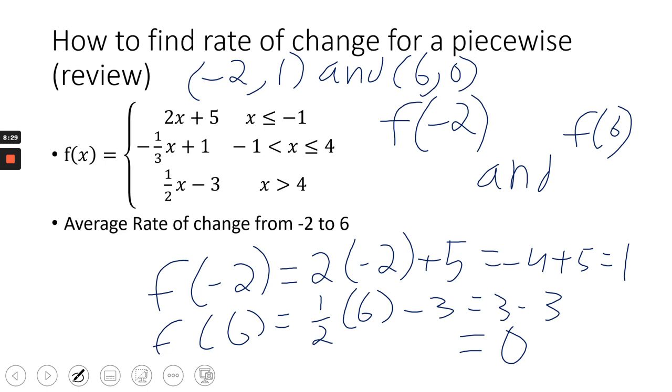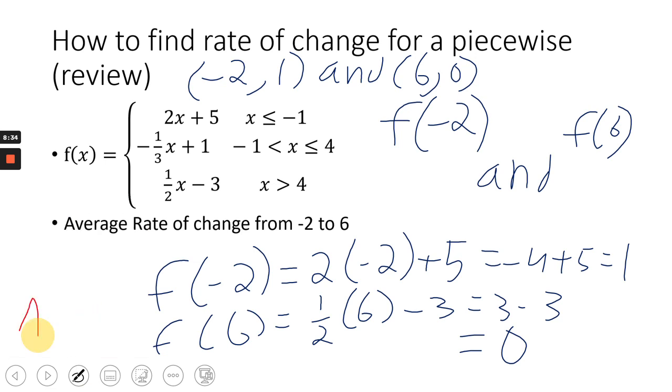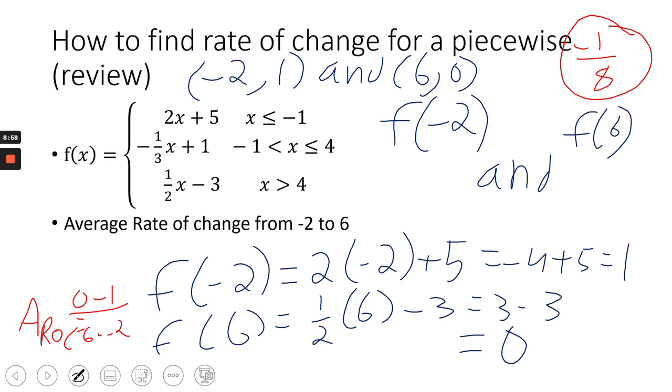The average rate of change would be the difference in your y's, so 0 minus 1, over the difference in your x's, which is 6 minus negative 2. 0 minus 1 is negative 1. 6 minus negative 2 is 8. So your answer would be negative 1 over 8. Okay, copy down what you need to, and we'll go on to the next slide.